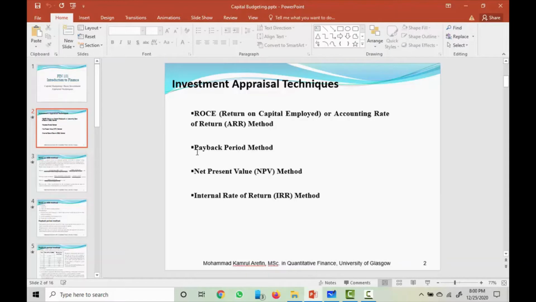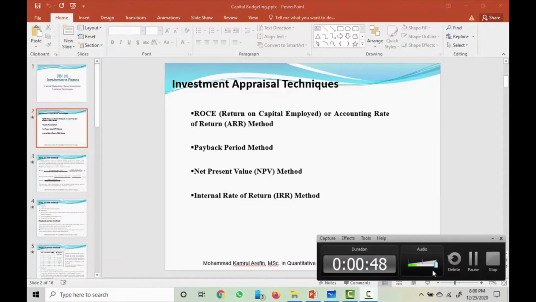Then we will study the payback period method, the net present value method, and the internal rate of return method. These are the four methods of investment appraisal we will study in this chapter. This is a very beginning course of finance, so we will confine our discussion to only these four methods.